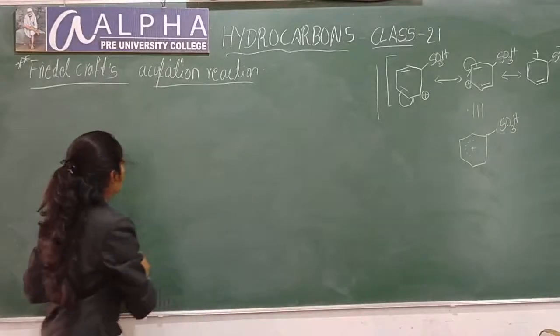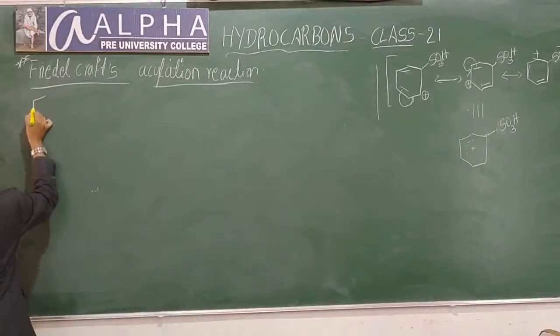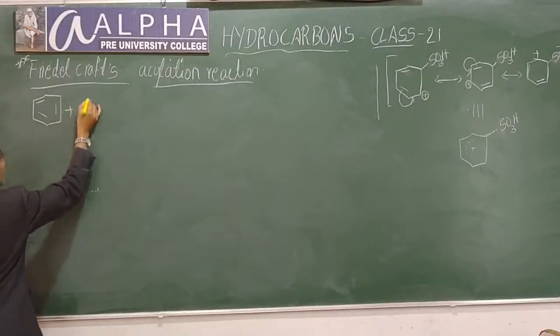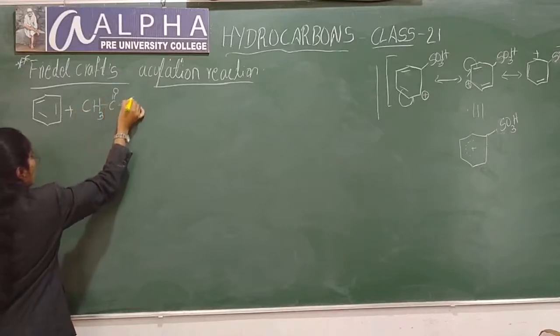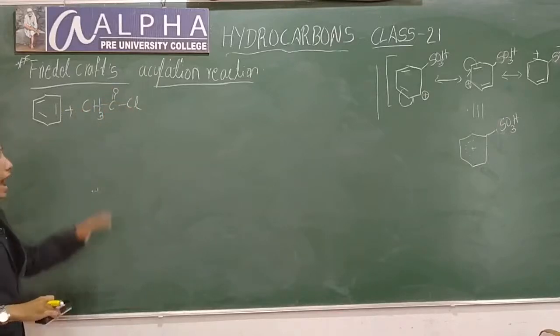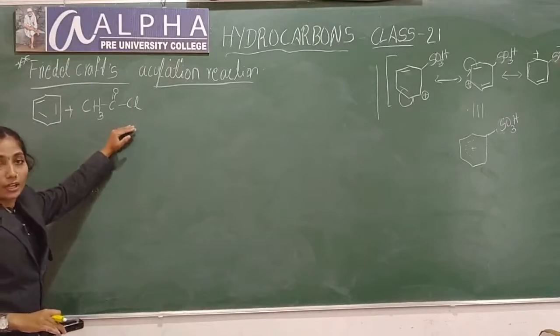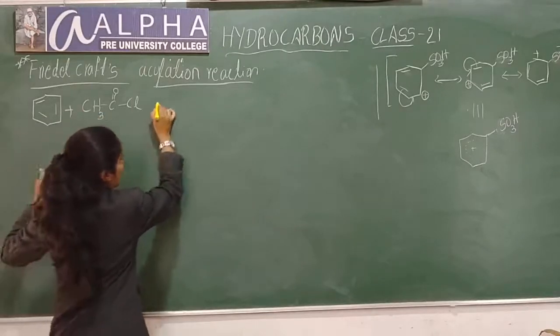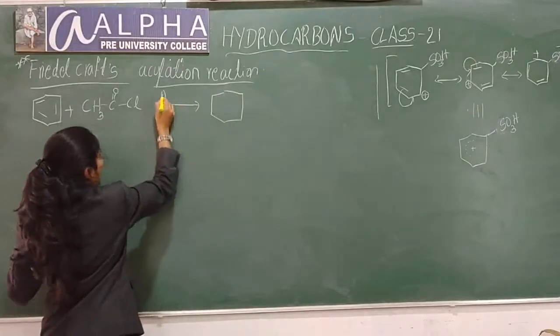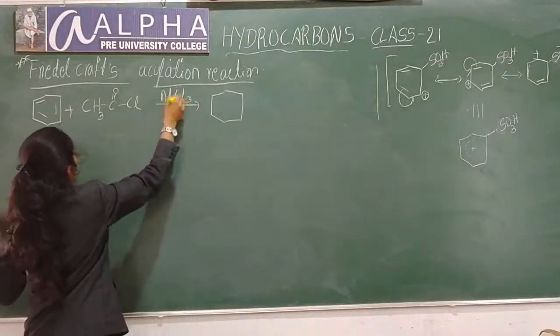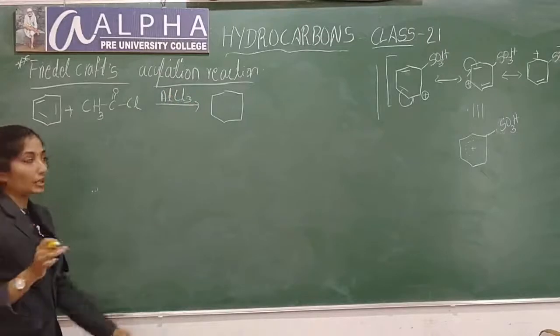Let me consider one example. Benzene reacts with CH3, C double bond O, Cl. This is an acid chloride. This forms in the presence of AlCl3. This is also one of the very important reactions.